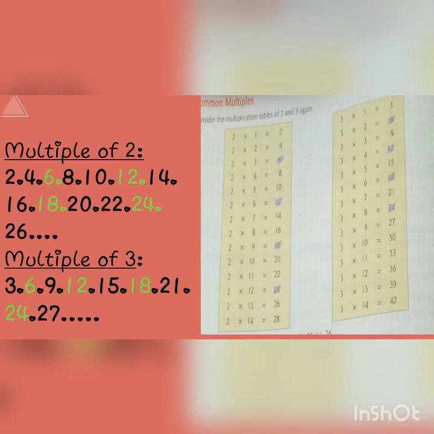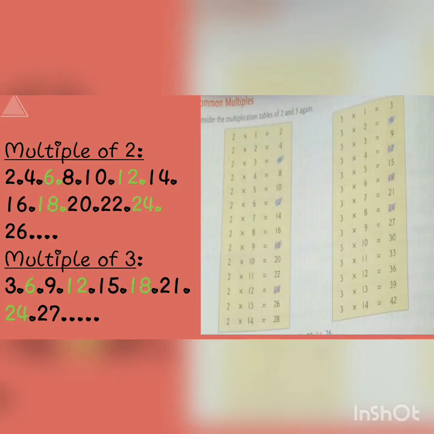Children, the numbers which are green in color, that is, the numbers 6, 12, 18, and 24, appear in both the list of multiples. Thus, 6, 12, 18, and 24 are the common multiples of 2 and 3.